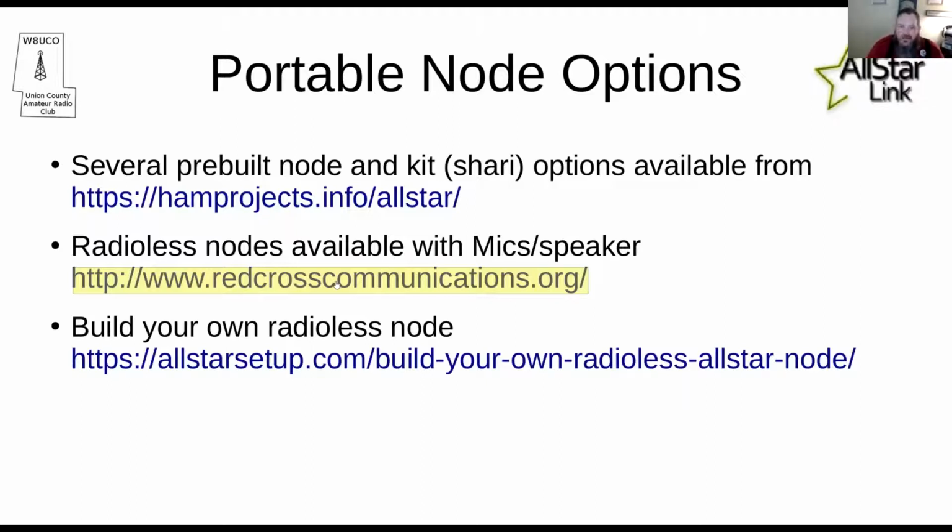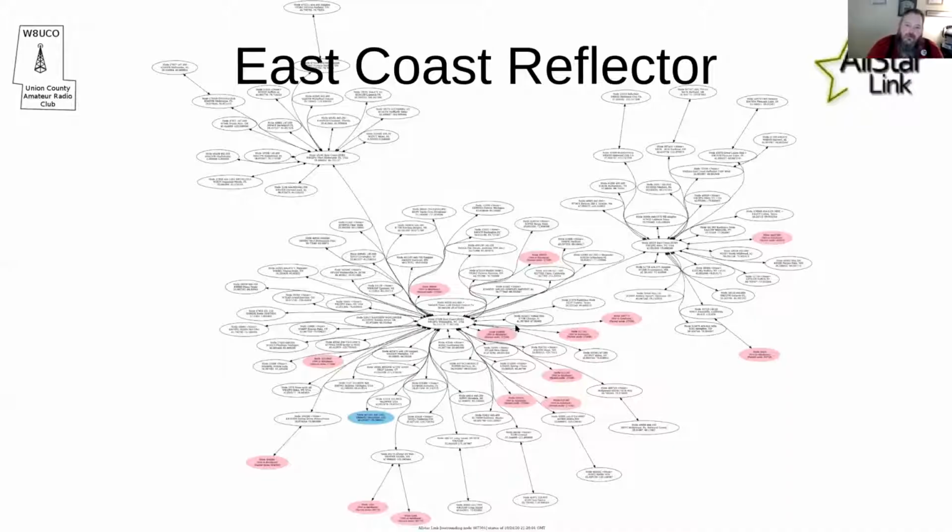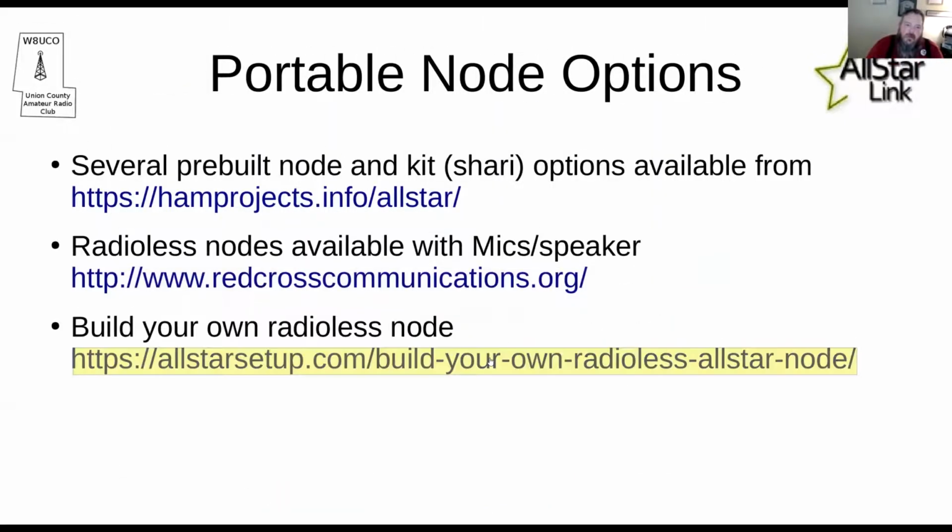And there's different versions of this as well. You could also set an Allstar node up without a radio using the mobile DV Switch app on your Android and use it that way too. And you can also find instructions on how to build your own RadioLess node with a speaker and microphone.